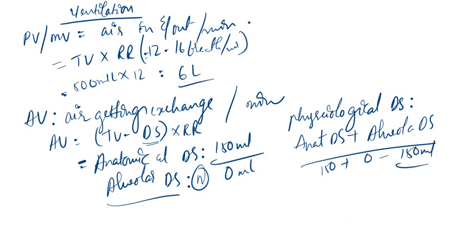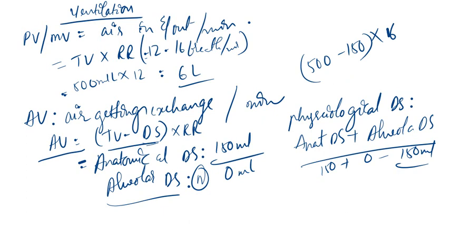Previously we deduced a formula. What is the alveolar ventilation? Total volume minus dead space, that is, tidal volume minus dead space into respiratory rate. So tidal volume 500 minus dead space 150 into respiratory rate 16. That comes to how much? We took 12 now. Respiratory rate we took 12.